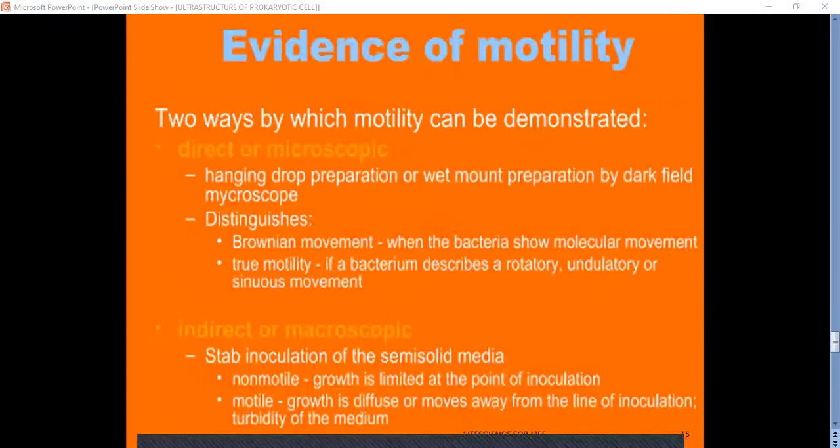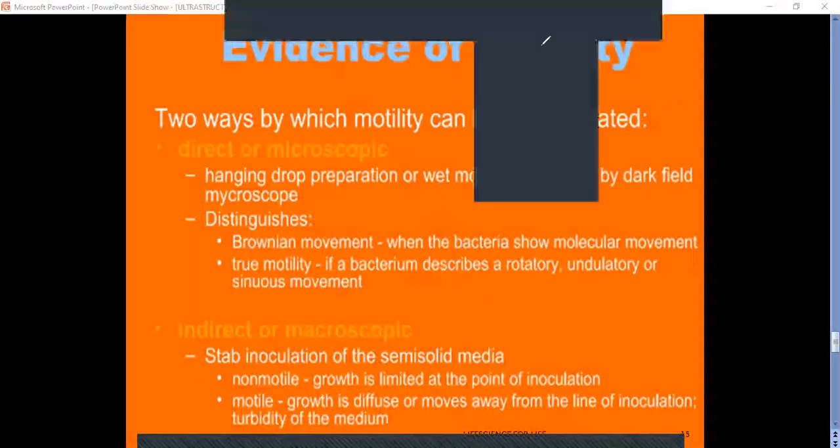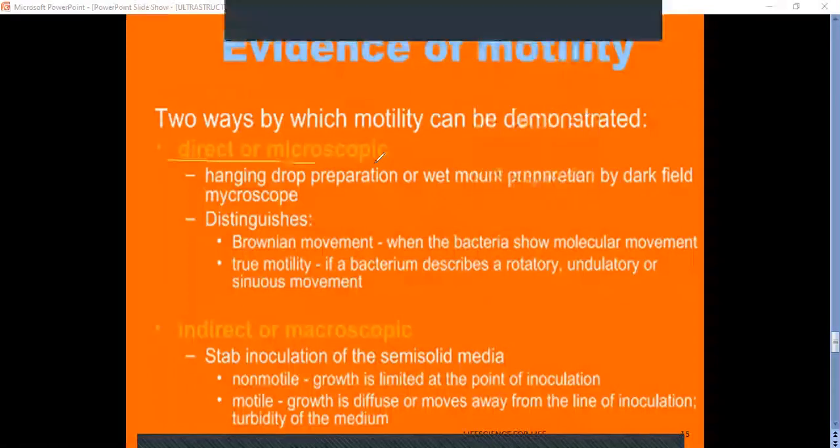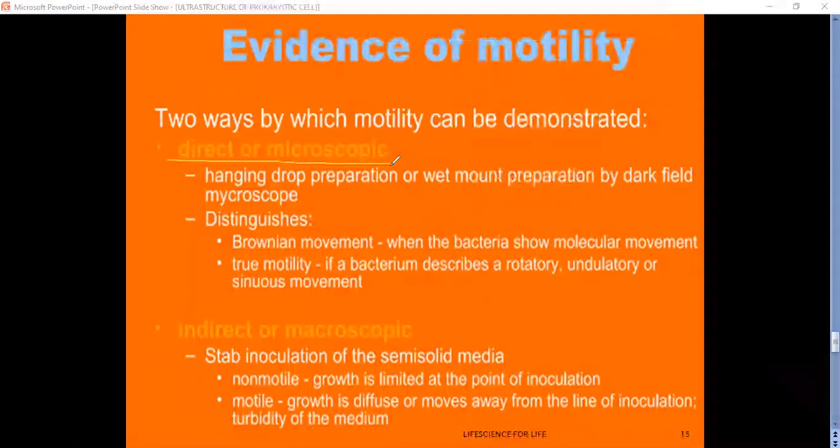So, how can we see whether the bacteria is motile or not? It is done using a microscopic experiment known as the hanging drop experiment, where we take a slide with a small cavity, in which you add the smear.